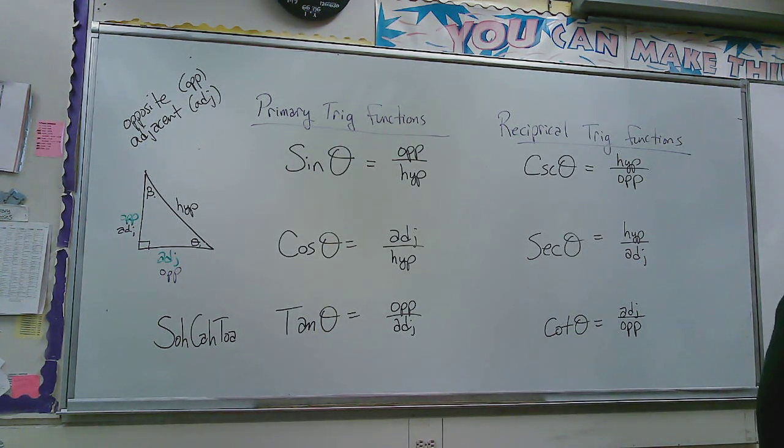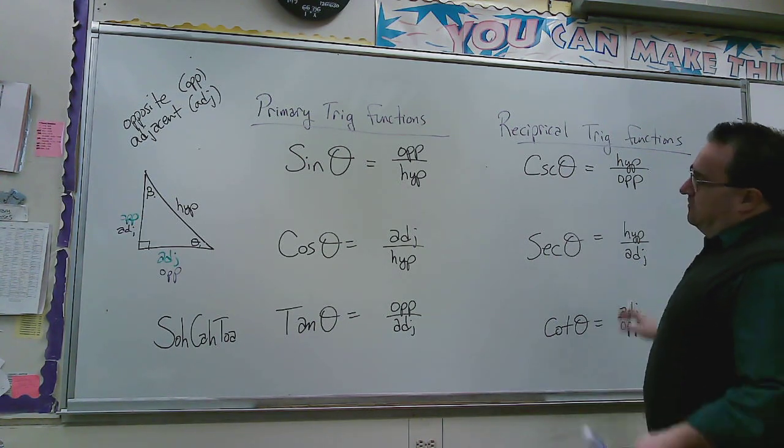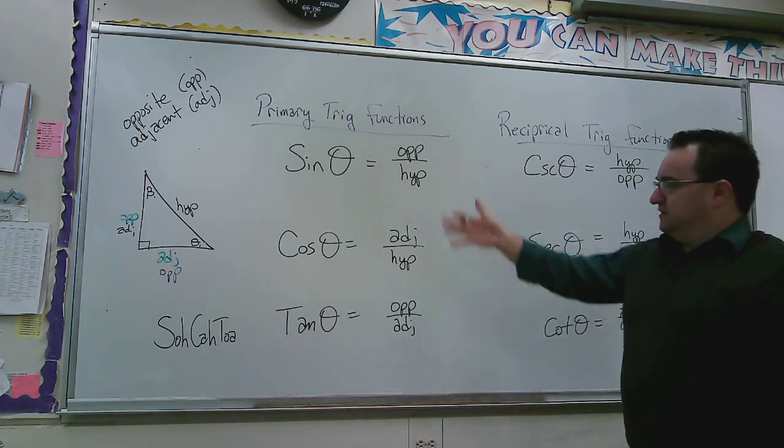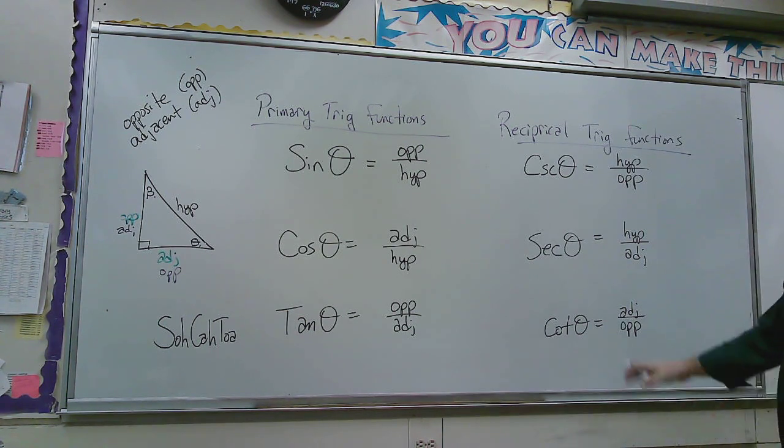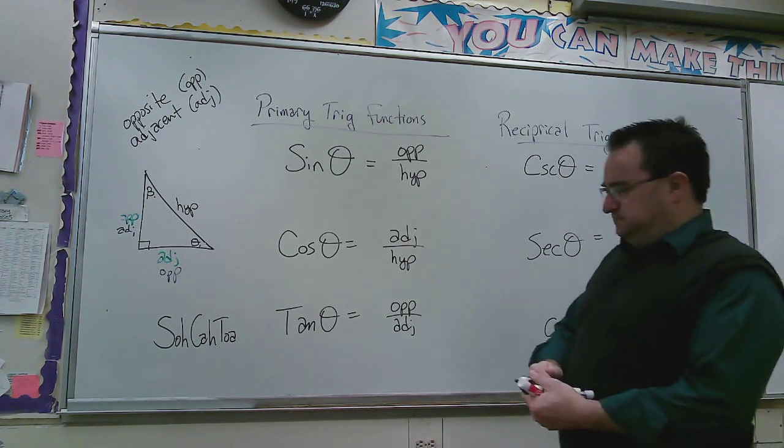I need to erase to write more stuff on the board. And what I'll do is I'll erase this. I'll write this smaller. I'll erase it all and write it all in one column. And I want to look at a triangle with numbers, so this makes a little more sense, hopefully.